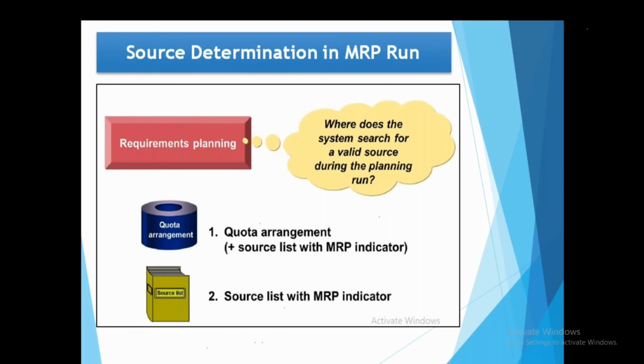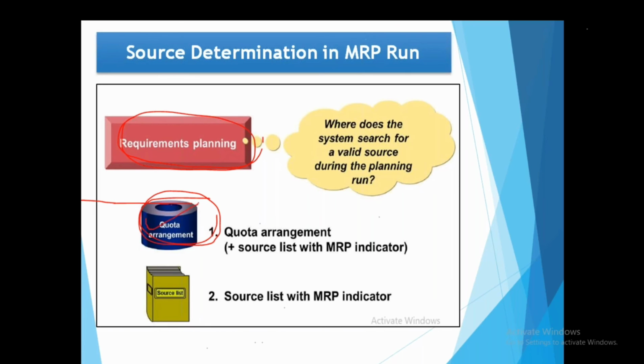Now the next one is source determination in MRP run. This is the most important; in interviews they will ask this question. When you do source determination in MRP run, on what basis does the system do it? Whenever you are running MRP, the system will do source determination first considering quota arrangement.